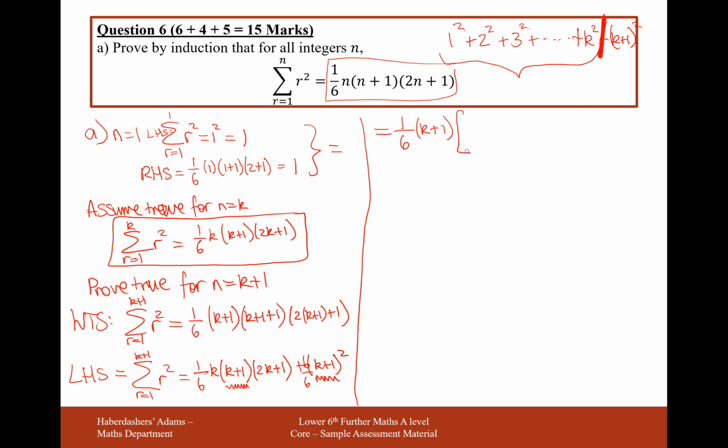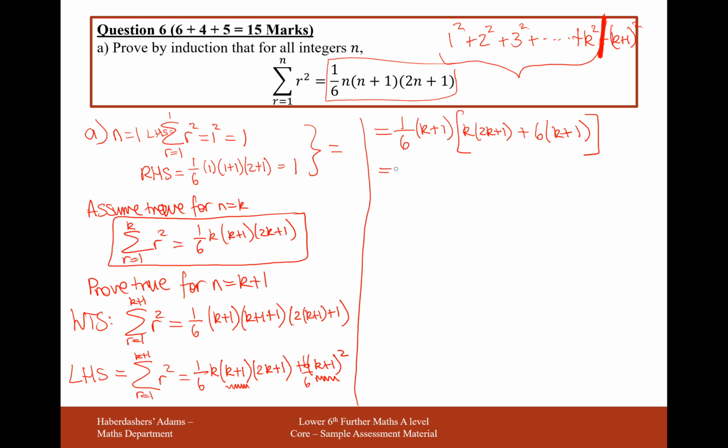Now what have I got left over such that when I expand my brackets I get this expression here? Well, I'm going to need a k and a 2k plus 1. And I'm also going to need to add in, well, I've taken out my 6th, I've still got my 6 that I need to factorise, and I've pulled out one of these k plus 1s, so I need another k plus 1 to go in there with the 6.